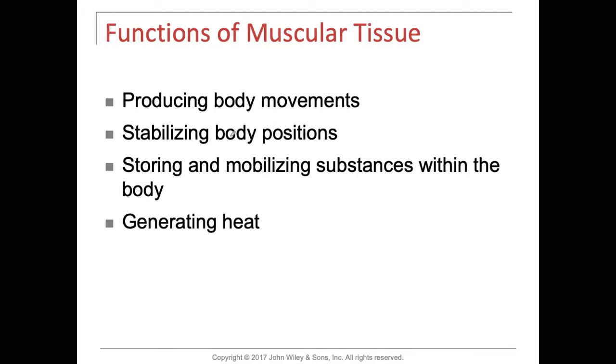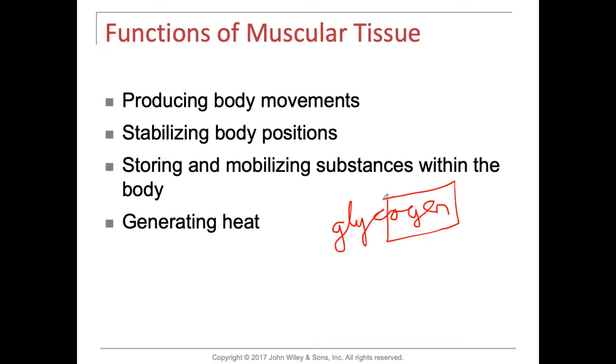When it contracts, it can stabilize the body. Muscles can also store nutrients. Muscles can store sugar, glucose. But when it stores glucose, we don't call it glucose anymore. We call it glycogen. Remember, anything that ends in ogen means it's inactive.